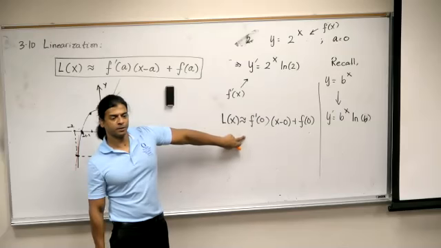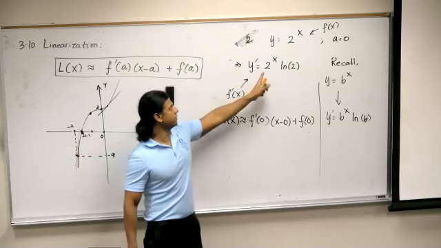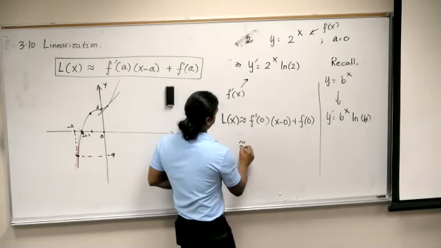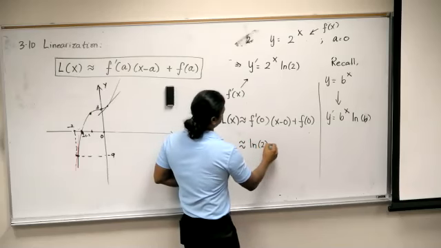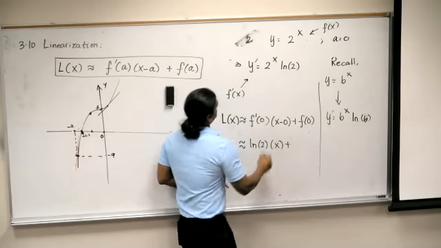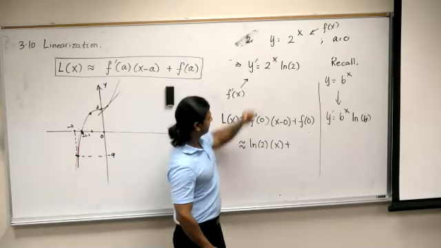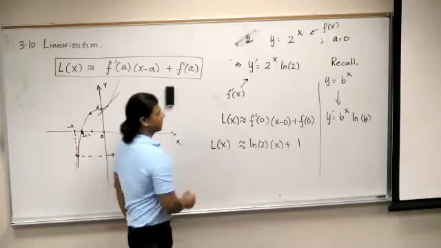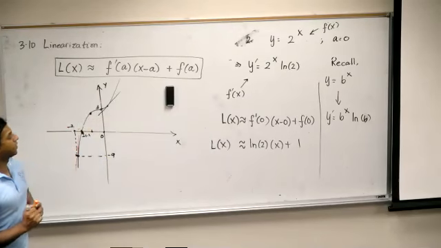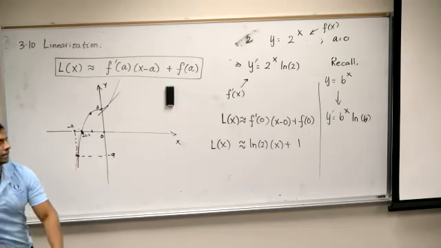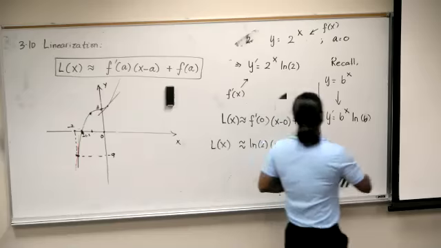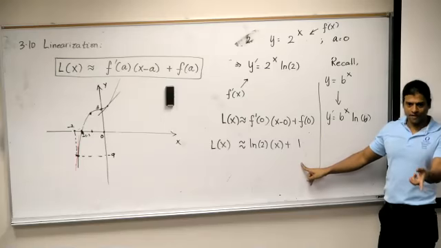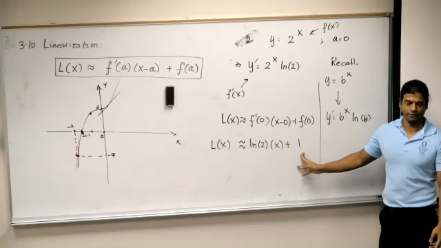What do we get when we plug in 0 in the derivative? 2 raised 0 times ln of 2, just ln of 2. Plug in 0 in the original function, I get 1. So that is the linearization of the function in the neighborhood of 0. Of course, if I plug in 0, I am going to get the actual value of the function, which is 1.